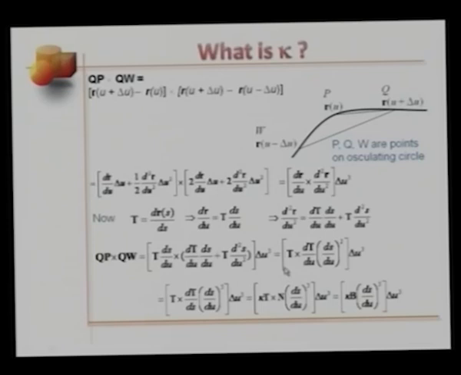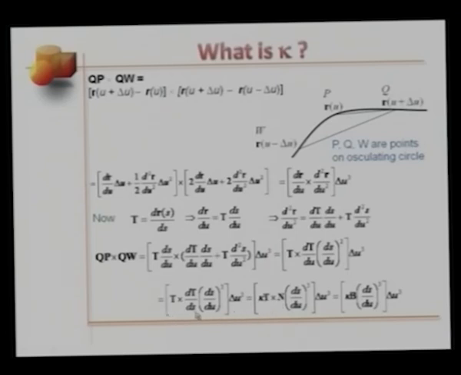Now, let's see how this term can be written in terms of the other vectors, n and b, the normal and the binormal. As you see, we retain this scalar ds over du cubed here. We know from before that dT over ds is kappa times n. So we see these two terms here, kappa n, and we retain this term T here.